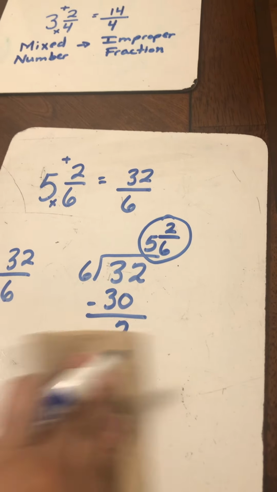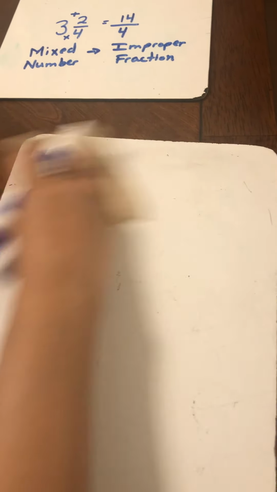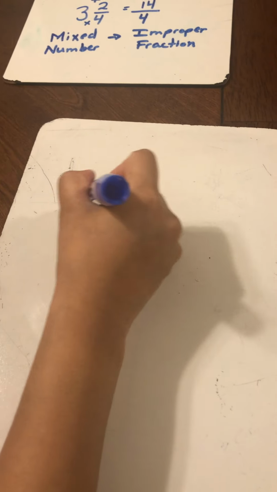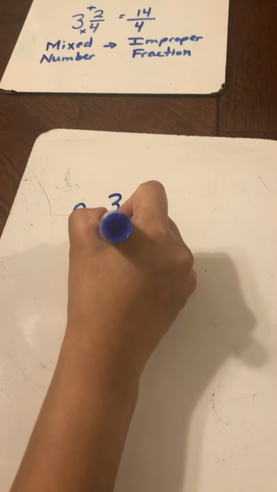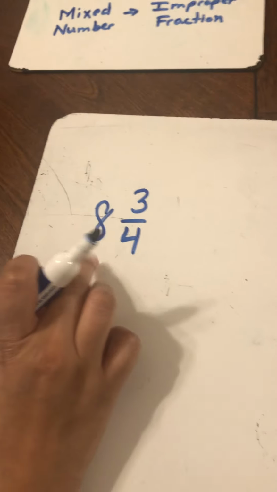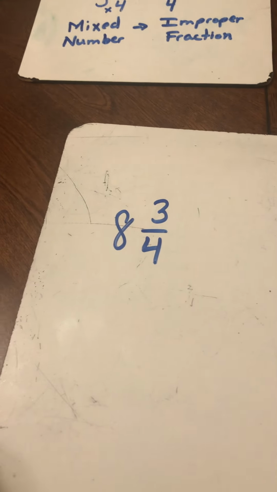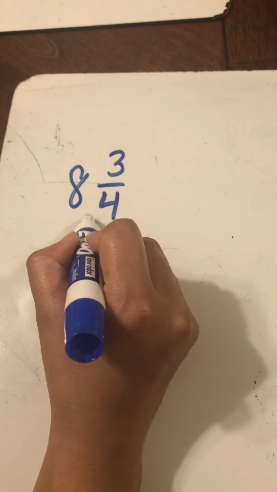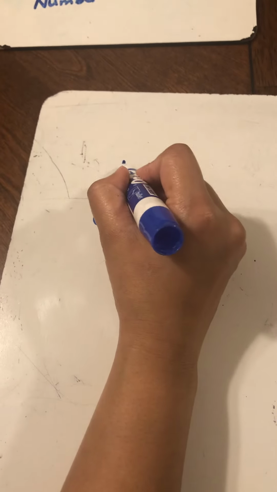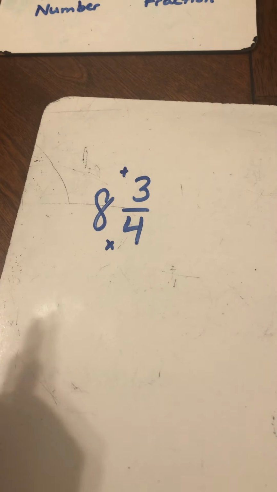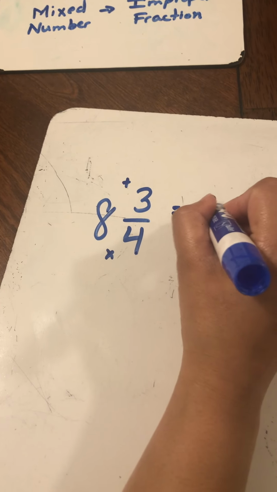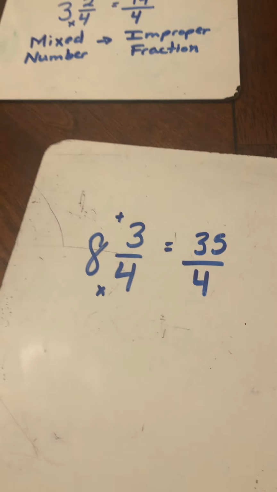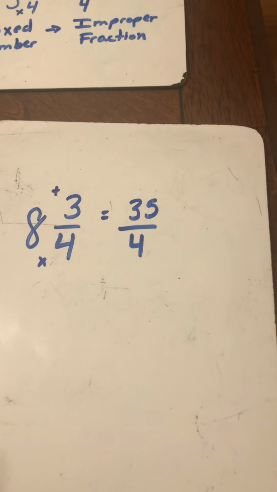Let's do one more problem together, and then you're going to try one on your own. Let's try 8 3/4. So it's a mixed number, and you're going to convert it to an improper fraction. So first you multiply 4 times 8, which is 32, plus 3 equals 35/4. Your denominator stays the same.